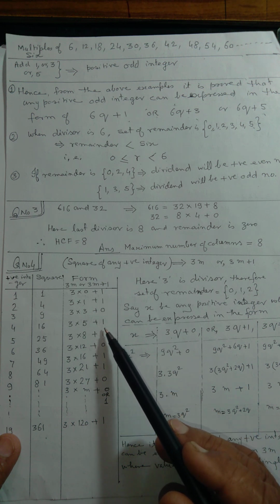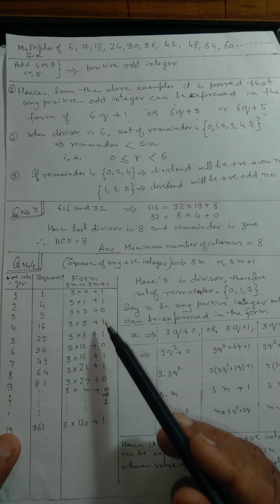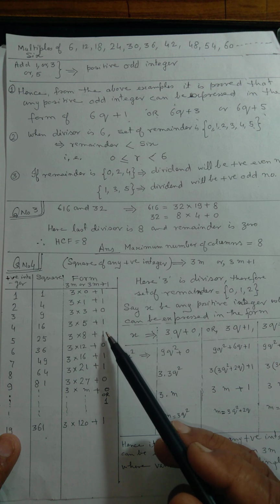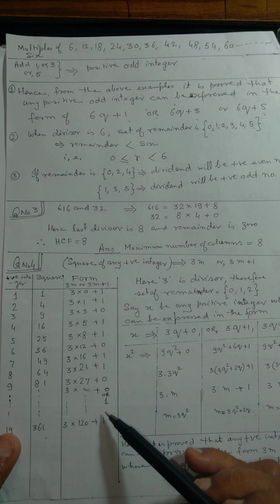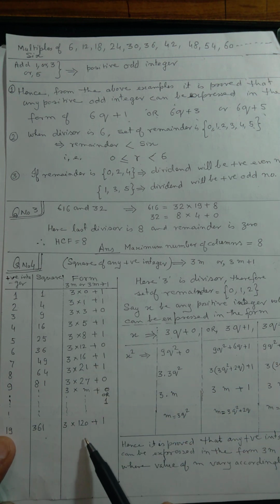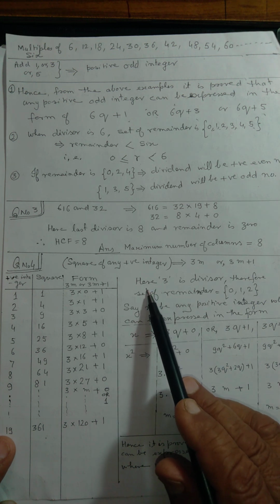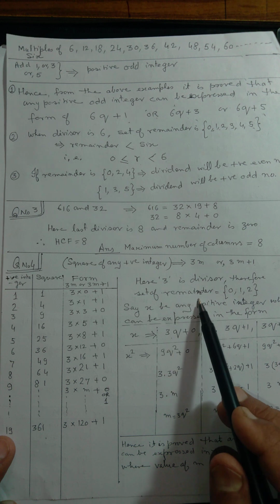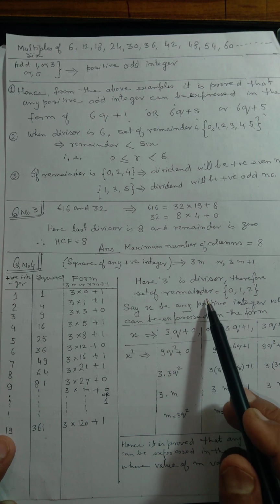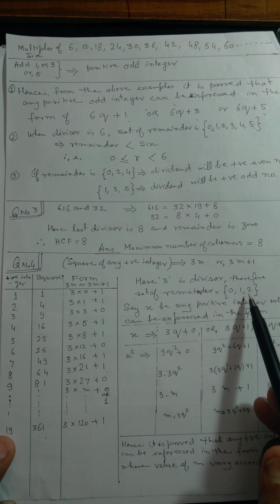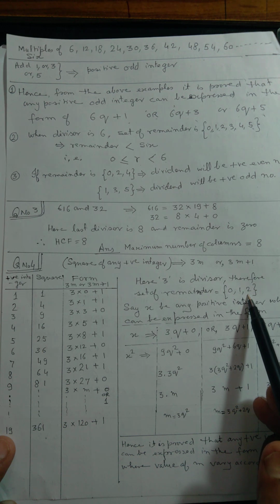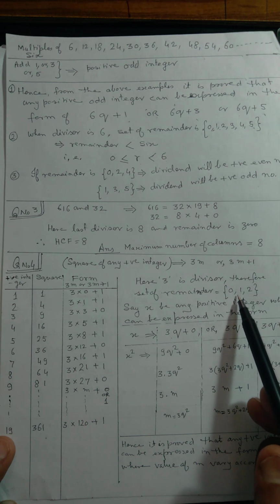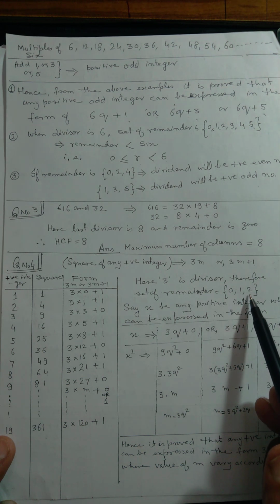You see, in all cases we are getting either 0 or 1. Here 3 is the divisor, therefore the set of remainders will be 0, 1, 2. Either it will be 0, 1, 2.